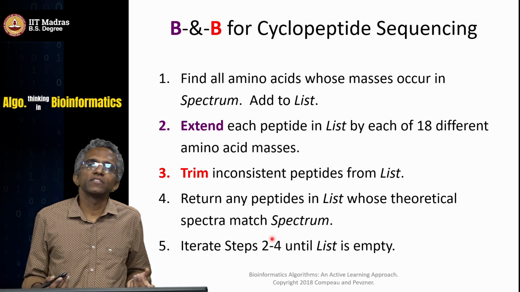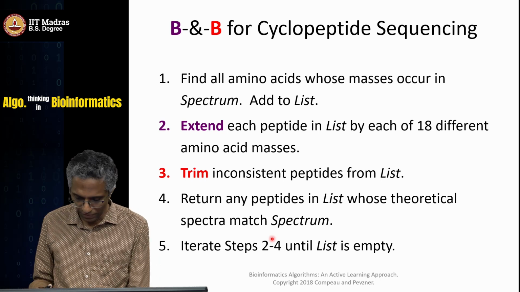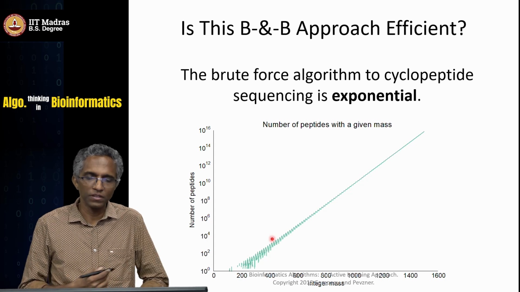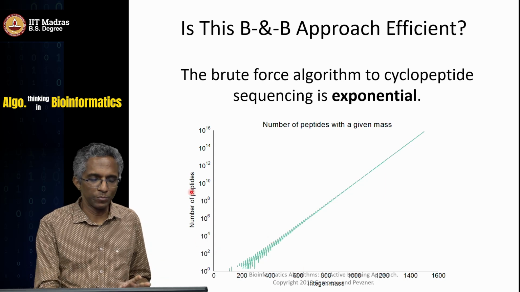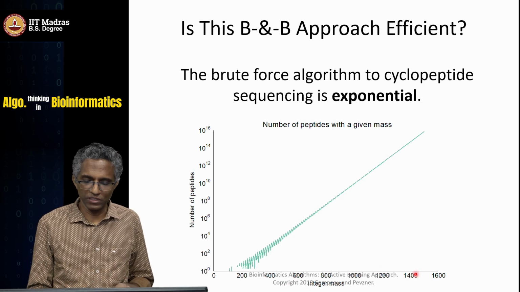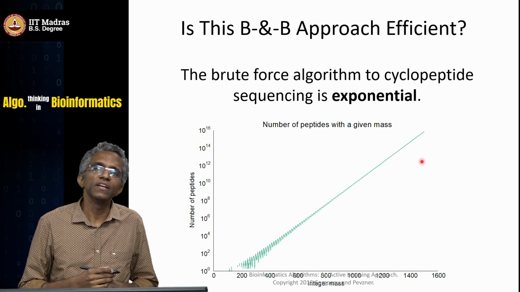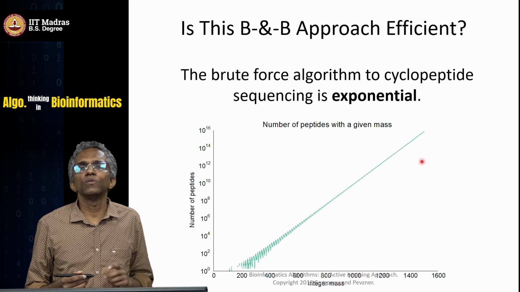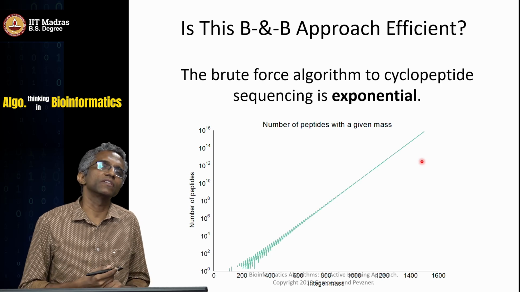Given this branch and bound algorithm, how efficient is it in practice, and how efficient is it theoretically, right? There is an exponential dependence of the number of peptides on the integer mass. For instance, we saw that with 1322 there were about 1 trillion peptides. The branch and bound algorithm will allow us to not look at all those trillion peptides, but it will still have an exponential dependence in the worst case, okay?